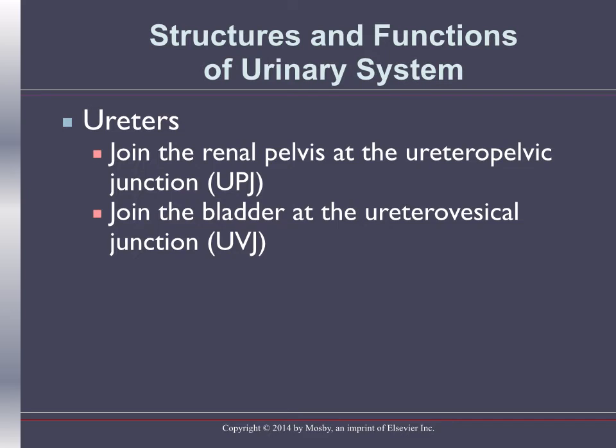Structures and functions of the urinary system. Ureters are tubes that carry urine from the renal pelvis to the bladder. The narrow area at which point each ureter joins is called the renal pelvis, and it is also termed the uretero-pelvic junction.